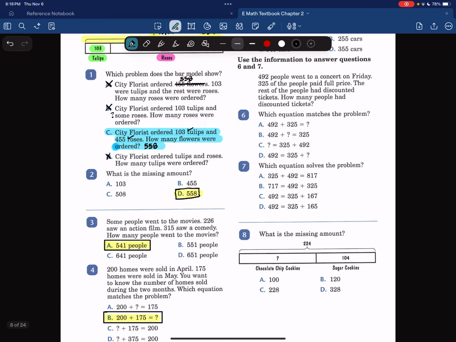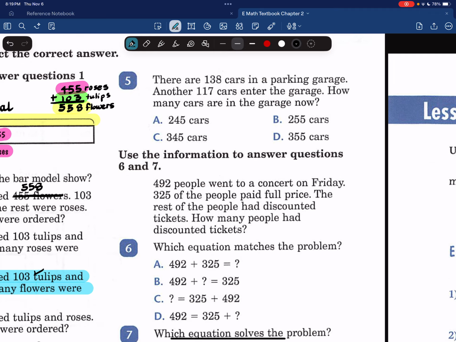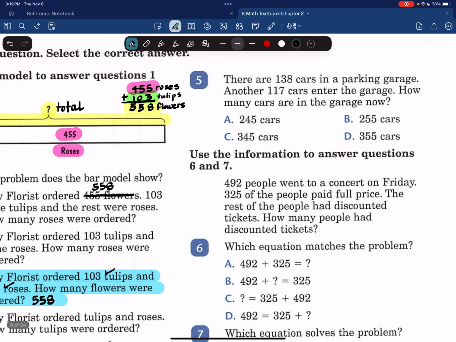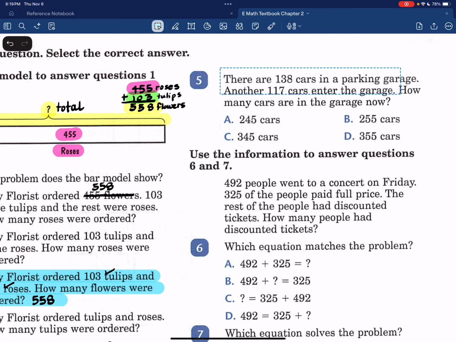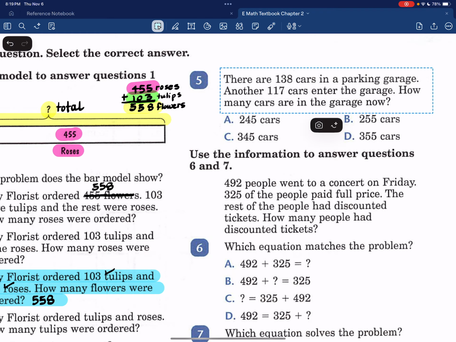All right. Number 5. There are 138 cars in a parking garage. Let me get a copy of that while I can.